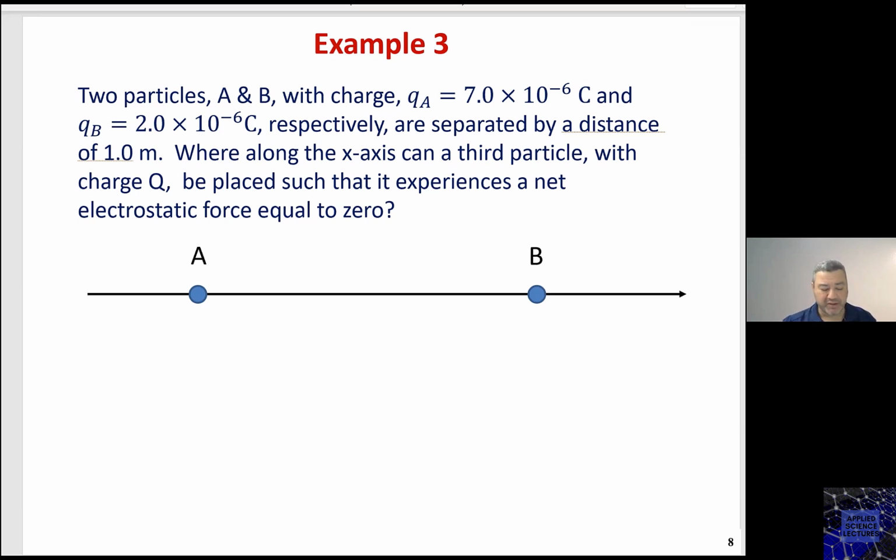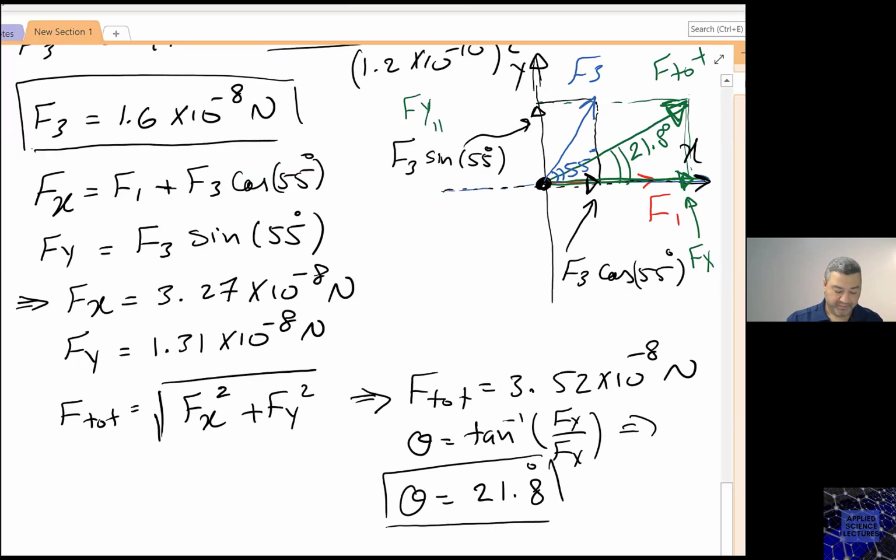Both of them are positive. So putting a charge in between would definitely have a solution such that the net force would be 0. Let's solve this problem and we'll see how we do it. So we have QA 7 microcoulomb, QB 2 microcoulomb, and a distance of 1 meter.